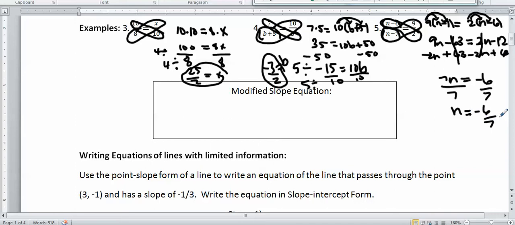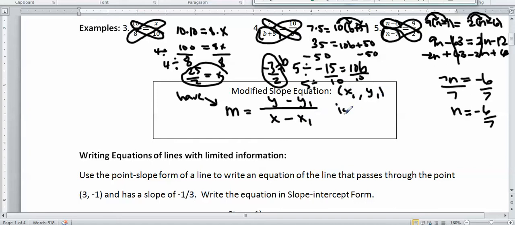All right, now to actually write an equation with this method, we're going to use a modified slope equation. So this is assuming that I know a slope, m, so I know my m, and that I also have at least one point. So my modified slope equation is going to be y minus y1 equals m times (x minus x1), where (x1, y1) is a point on the line.